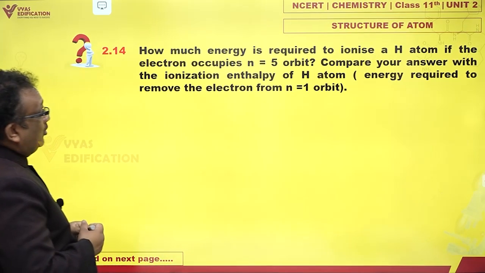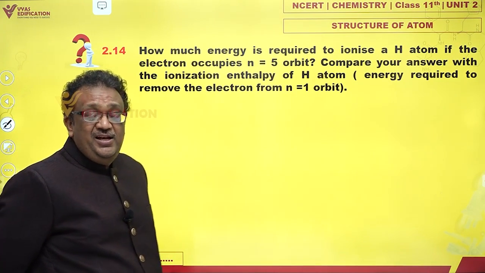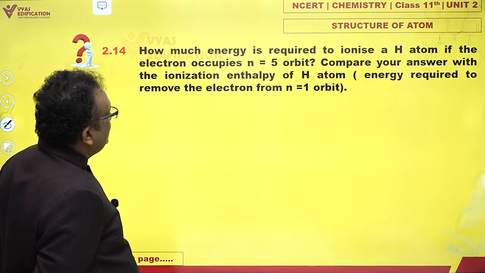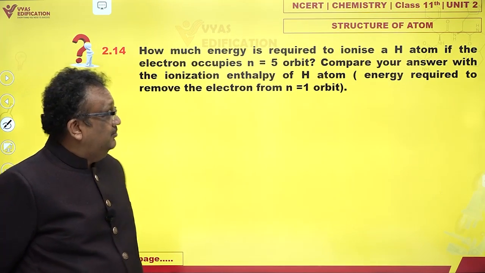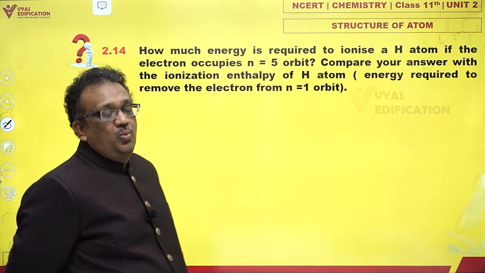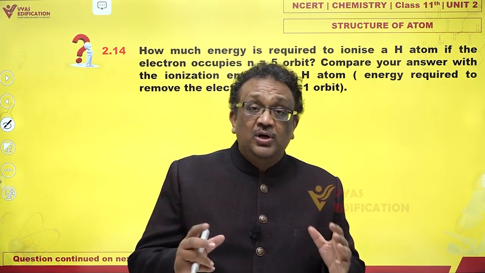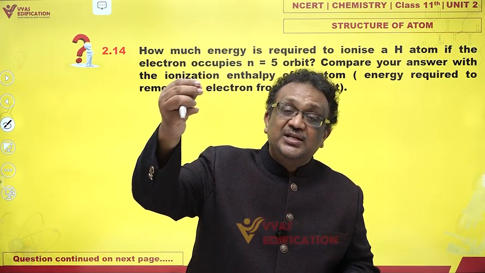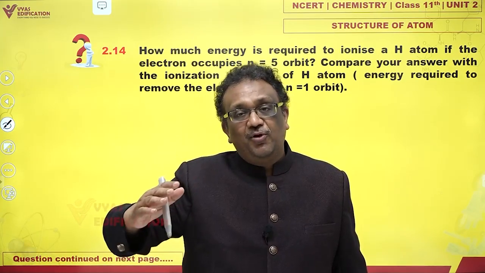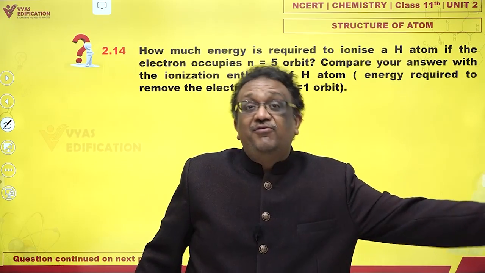How much energy is required to ionize a hydrogen atom if the electron occupies n equal to 5 orbit? Compare your answer with the ionization enthalpy of hydrogen atom, which is the energy required to remove the electron from n equal to 1 orbit. So I am left with two offers. First of all, the electron is already present in n equal to 5, the fifth orbit, and from the fifth orbit, if I have to totally remove it, I have to move it to infinity.